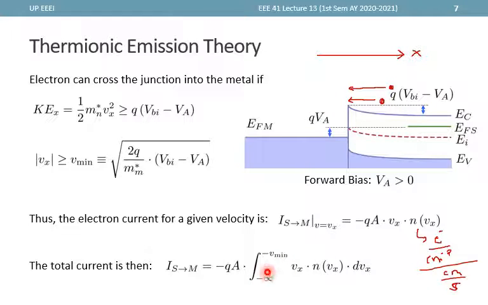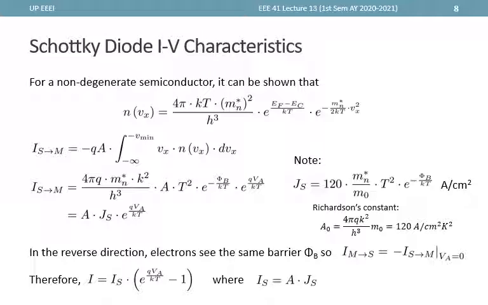So we'll consider from negative infinity to minus V min, since negative infinity means it has a high velocity but to the left. For a non-degenerate semiconductor, it can be shown that the density of electrons having a specific velocity is equal to this equation.